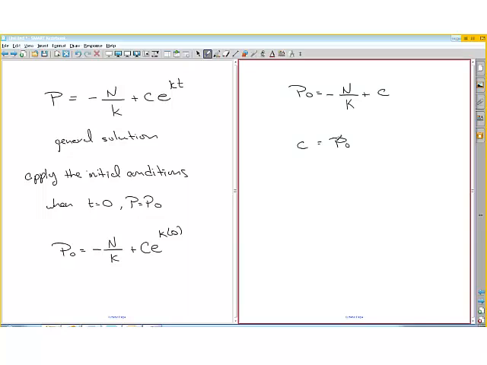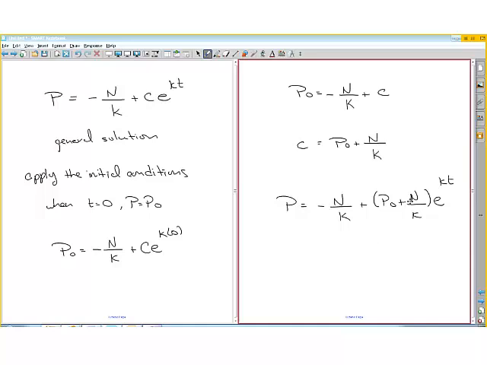And if we solve for c, it's equal to p0 plus n over k. So now we plug that back in, so we get p is equal to minus n over k plus c, which is p0 plus n over k, times e to the kt.